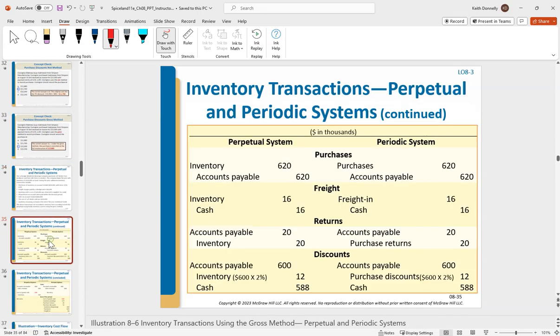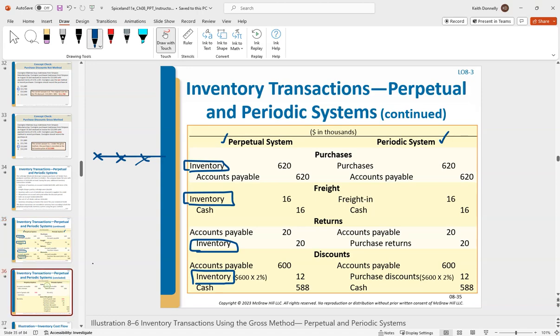All right, so this is a good analysis showing you these things. We have the perpetual inventory system versus the periodic. We said a lot of the time with the perpetual, anytime it deals with an inventory transaction, we're going to account for it, hitting that inventory account.